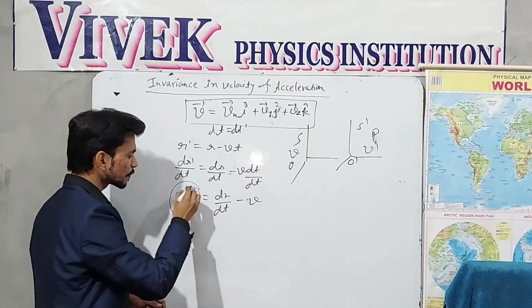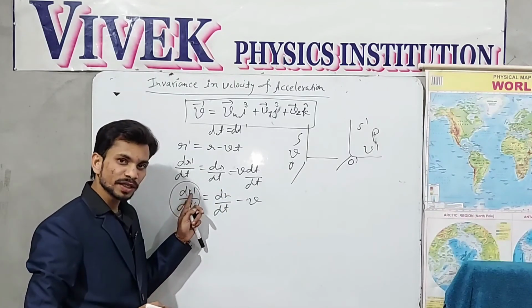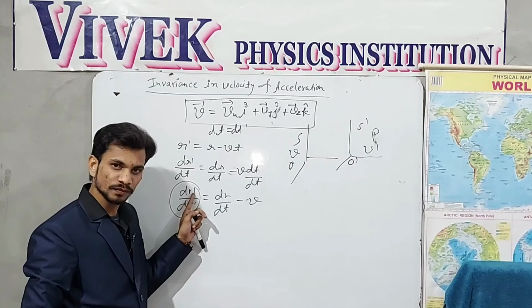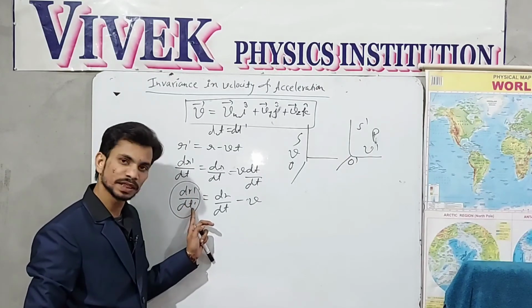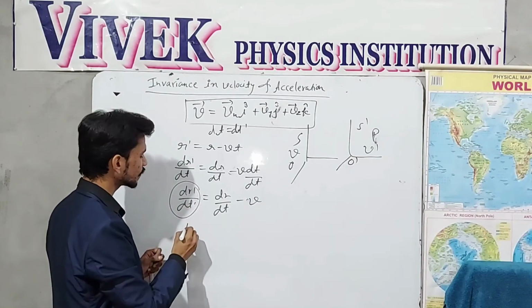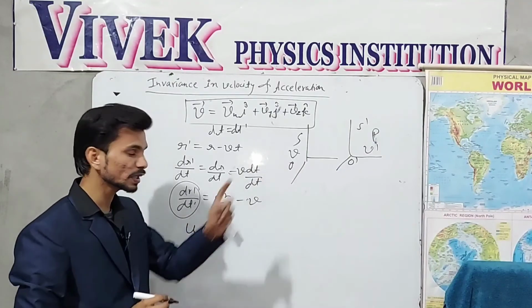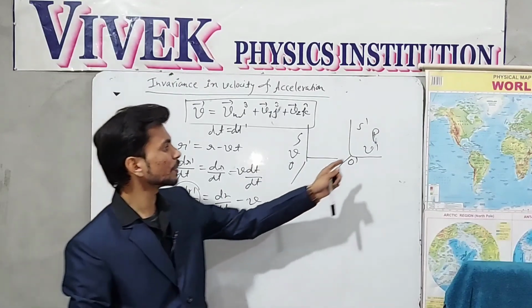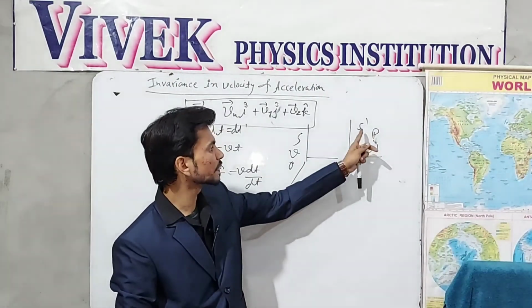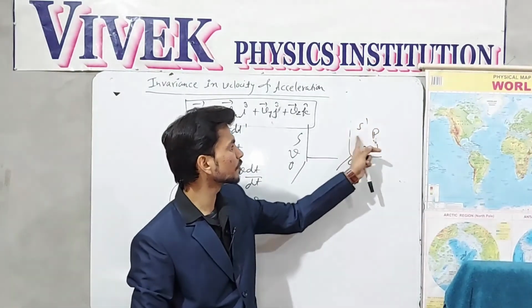Now this is the derivative of r dash with respect to t dash. So this gives me the velocity of the particle p observed in the S dash frame of reference.